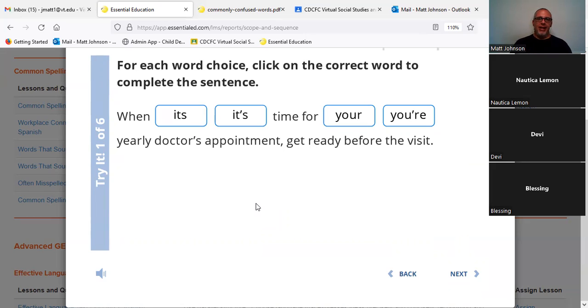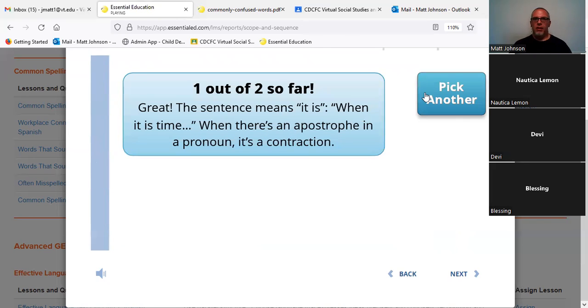So when it's time, right? So it's a contraction. When it is time, makes sense, right? For your yearly doctor's appointment, your Y-O-U-R, the possessive pronoun. So it's for first. Great. The sentence means it is, when it is time.